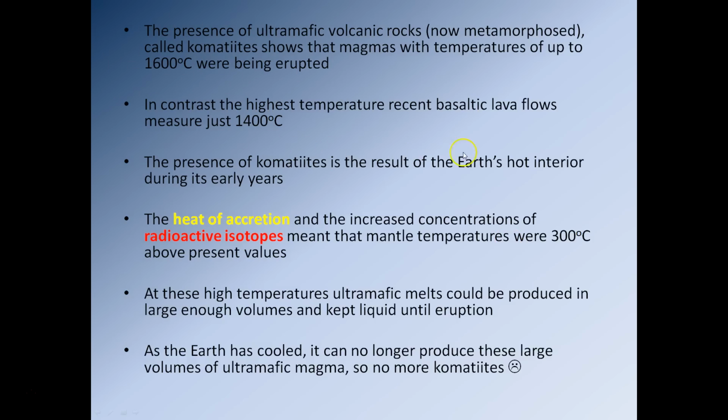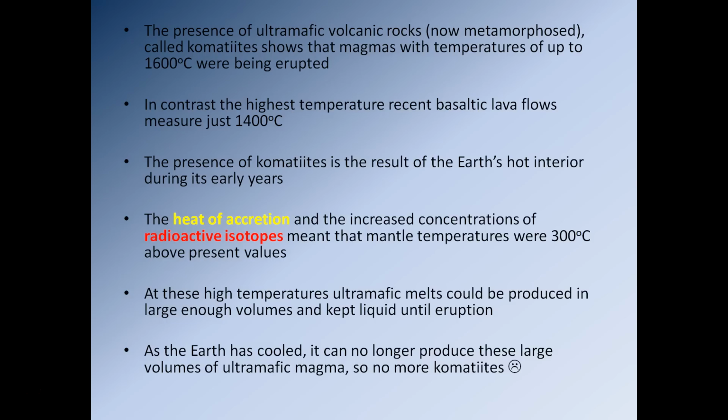So in contrast, just compare that to the maximum possible temperature of a basaltic lava flow that sits somewhere around 1,400 Celsius. Most basaltic flows will have a temperature in the region of about 1,200, 1,300 Celsius. So the fact that we have these komatiites being erupted tells us something quite interesting. It tells us about the temperature of the Earth's mantle at that time.